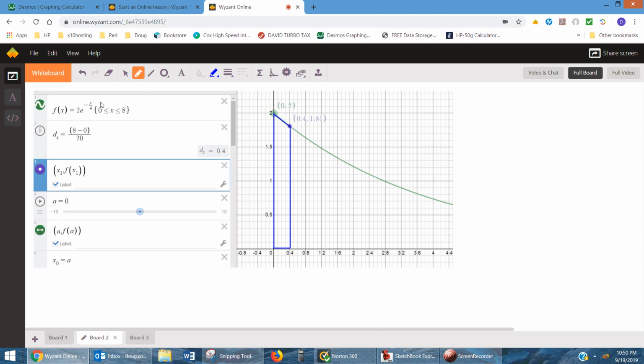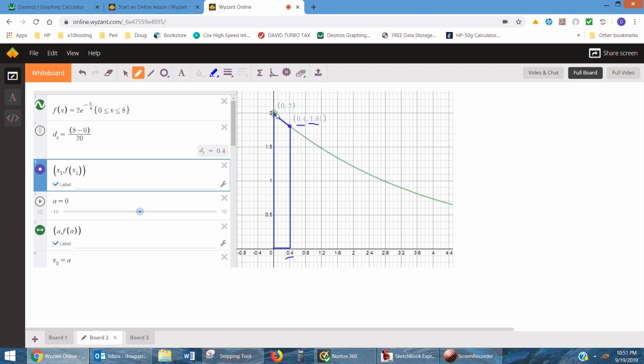Here's a graph of this function, and I've calculated the x sub 0, f of x sub 0, which is this point here, (0, 2), and x sub 1 would be 0.4, because delta x is 8 minus 0, b minus a, over the number of subintervals, 20. And so this point is (0.4, 1.8 something or other).